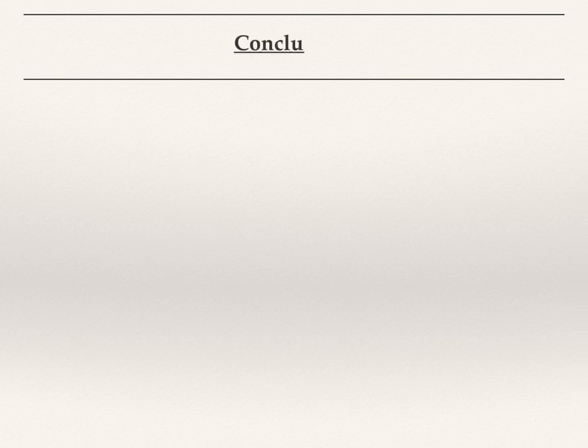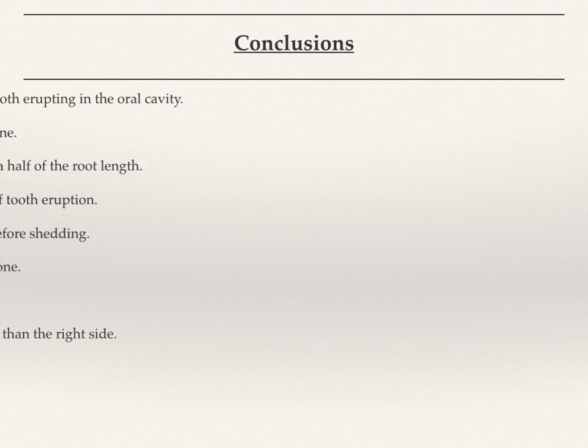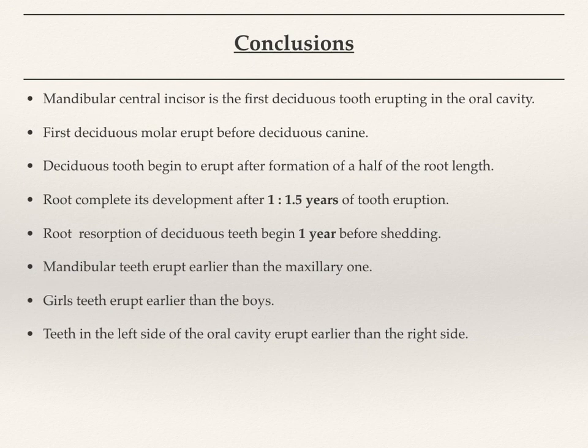What is the conclusion of the sequence of eruption of deciduous teeth? Number 1, the mandibular central incisor is the first deciduous tooth erupting in the oral cavity.